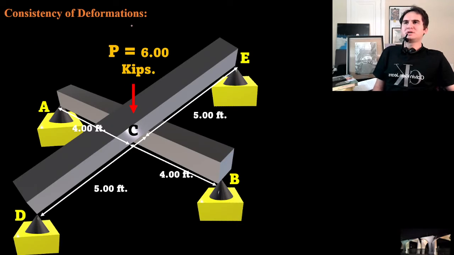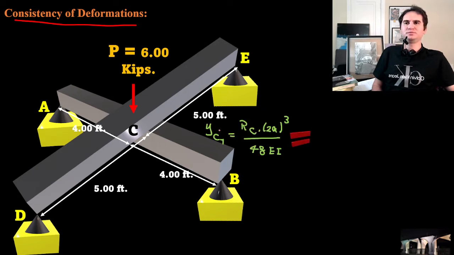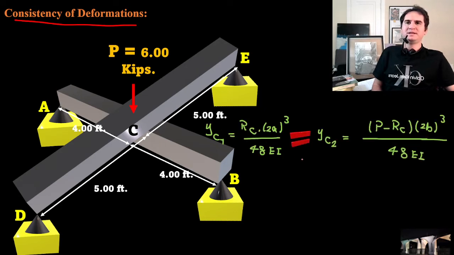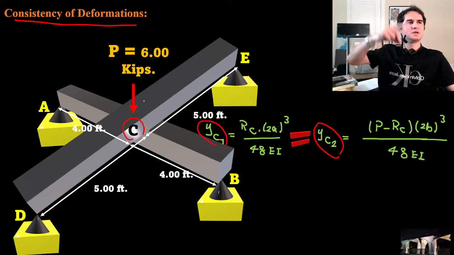Due to consistency of deformations, YC1 should equal YC2. Both deflections at center point C resulting from each of those beams should be equal to each other, because C has no way to move down by a different amount.